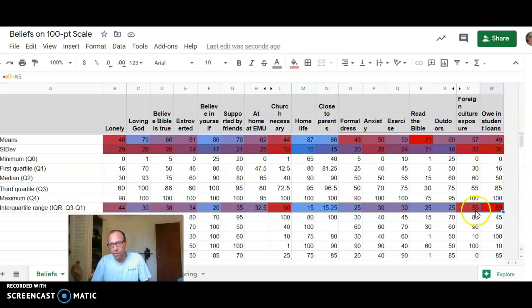Now, to be clear, I'm not comparing these exact numbers, like the 25 to the 18. What I'm comparing is how this standard deviation compares to the rest of the standard deviations, versus how this IQR compares to the other IQRs. Overall, it really does follow the same pattern.